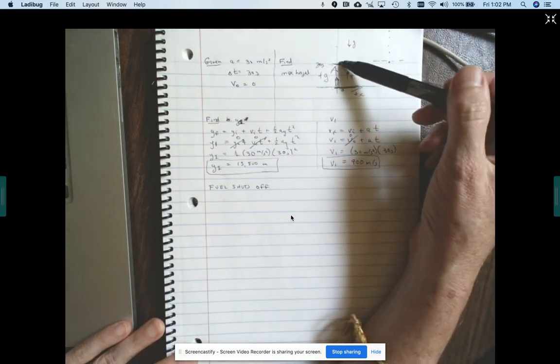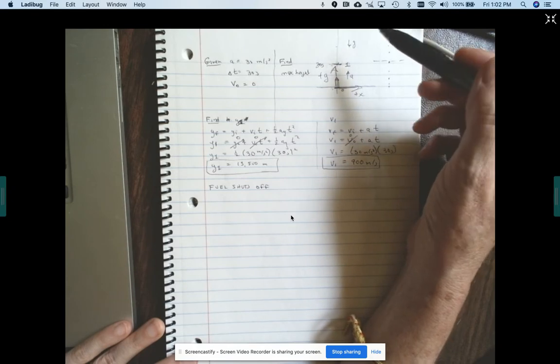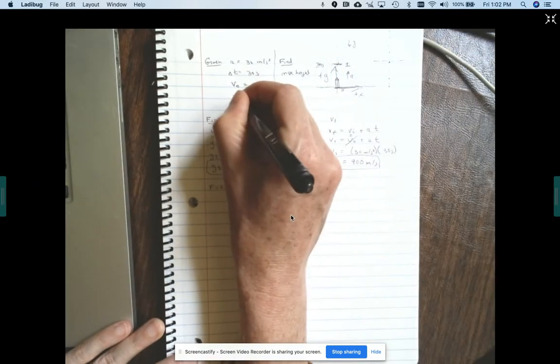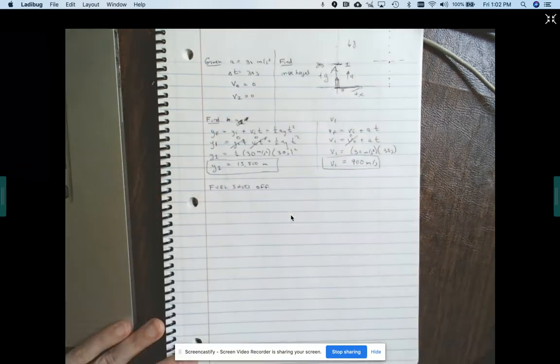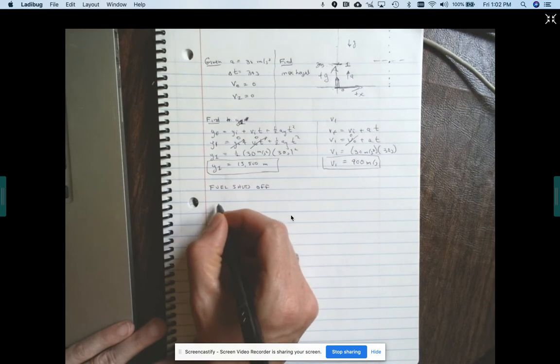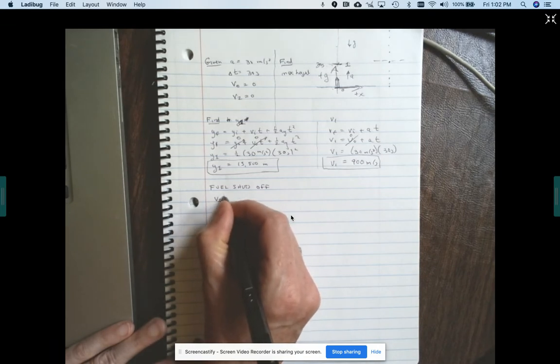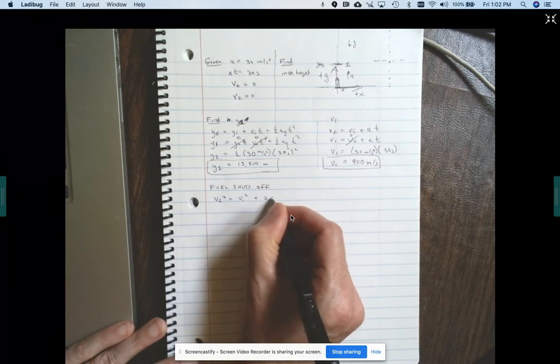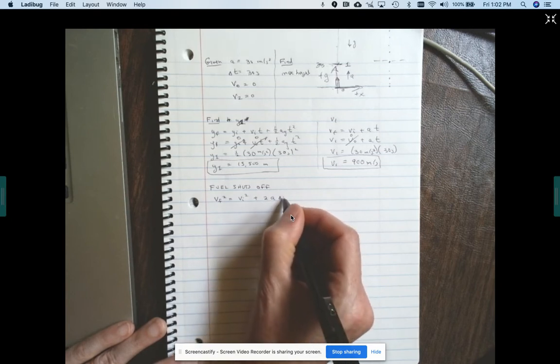We know that the velocity at the top is 0, so I should put that in here, because we know that it stops at the top. I could solve for time and then use my position versus time. Or I could do it all in one step if I use the relationship that v final squared is v initial squared plus 2a delta x, so delta y in this case.